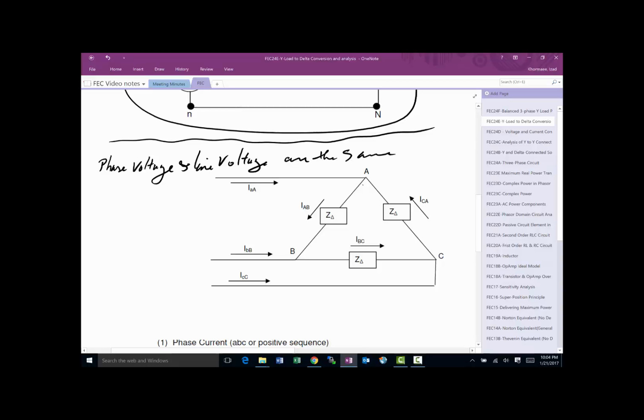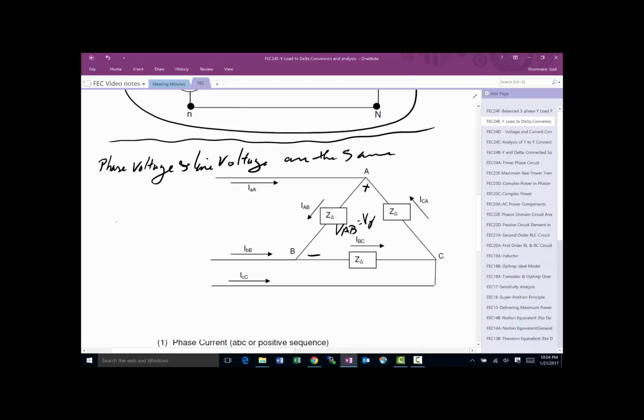So basically this is a line because that's a line, and this is a line, therefore this is a line voltage VAB. This is also a phase, so this is also a phase voltage. So they are the same thing, and this is fine. If you remember, this is a little bit opposite of what the Y connected loads had to do.